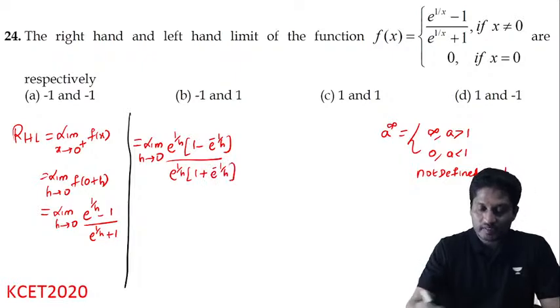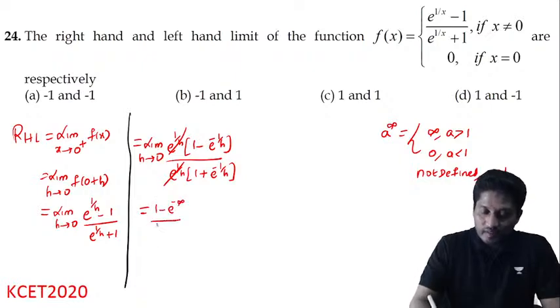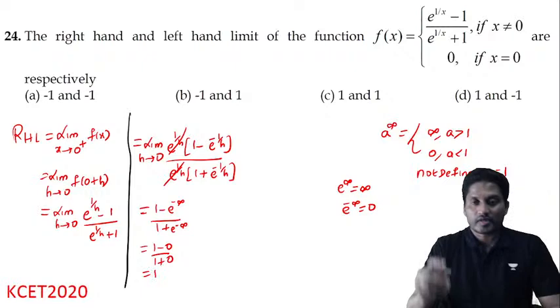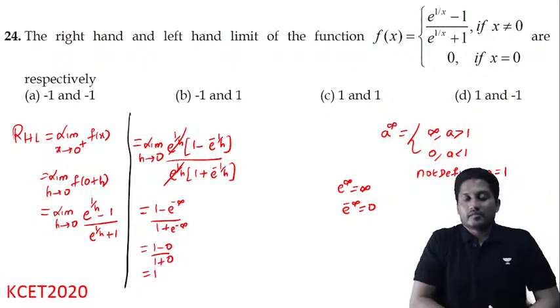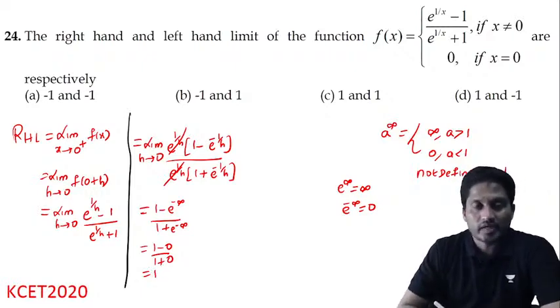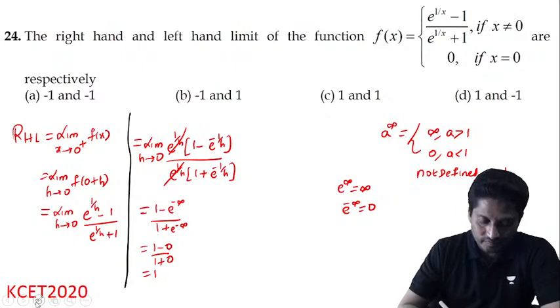You multiply, you get back the same thing. This will cancel. Now if h tends to 0, we get 1 minus e power minus infinity by 1 plus e power minus infinity. e power infinity is infinity, e power minus infinity is 0. So this is 1 minus 0 by 1 plus 0, which is equal to 1. So the right hand limit will be equal to plus 1. Alright, let me check the left hand limit.